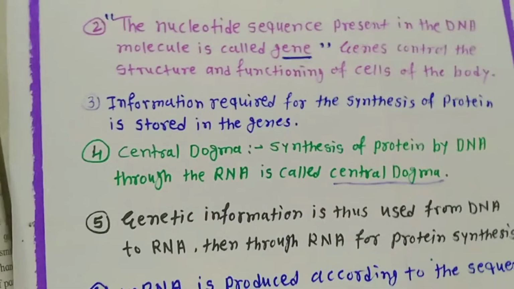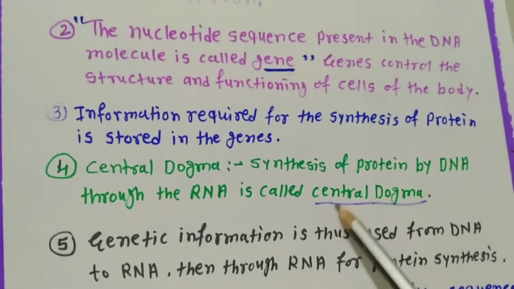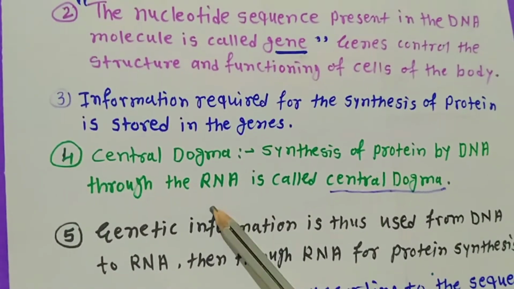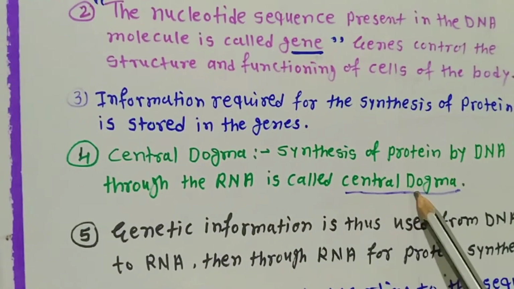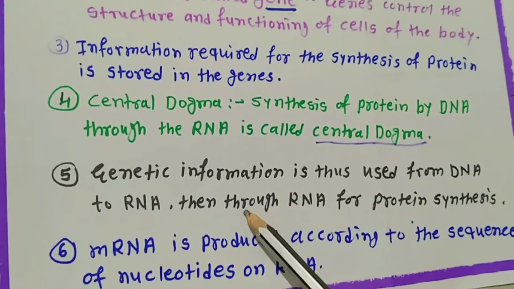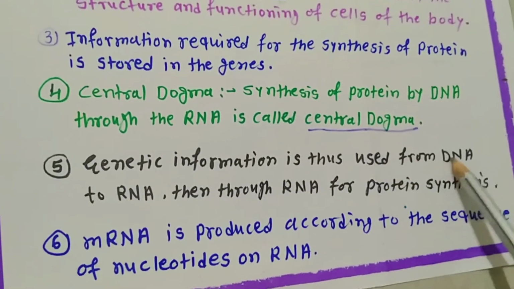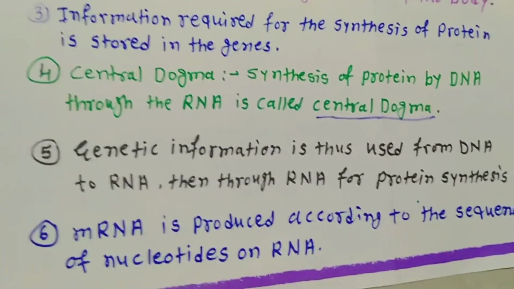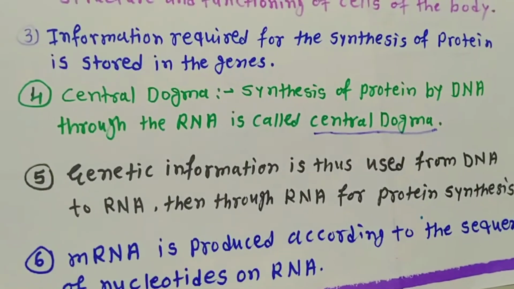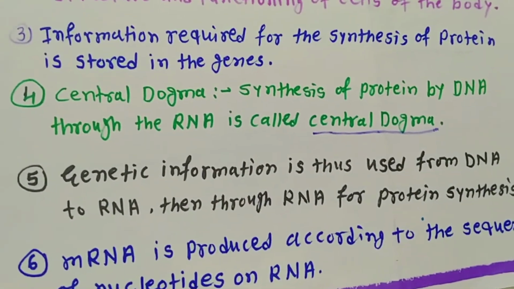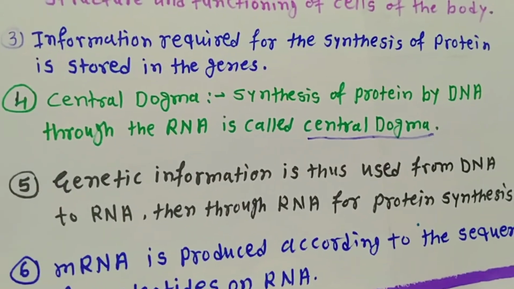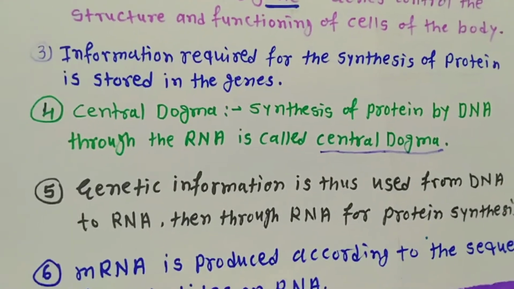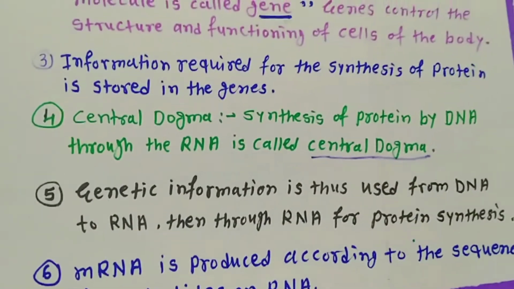The central dogma. What is called the central dogma? Synthesis of protein by DNA through the RNA is called central dogma. Genetic information is thus used from DNA to RNA, meaning all the information stored in our DNA is transferred to RNA like a Xerox copy.